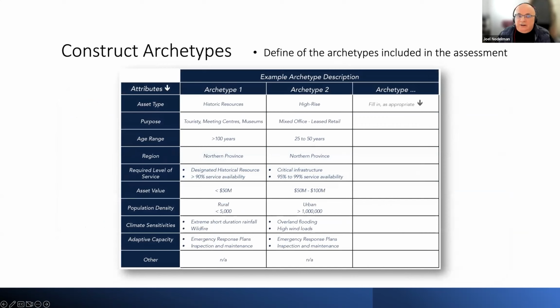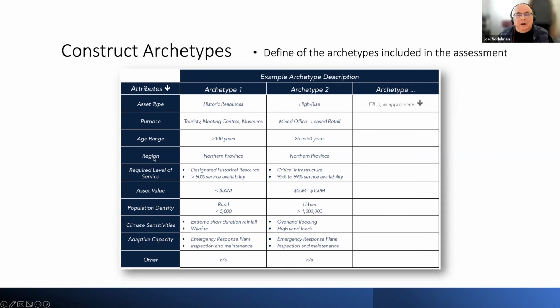You construct your archetypes. This is an example that we developed. So this is pretty fluid, but basically you need to define what attributes are important within the context of your archetype. So what type of asset, what's its purpose, how old is it, where is it located generally?